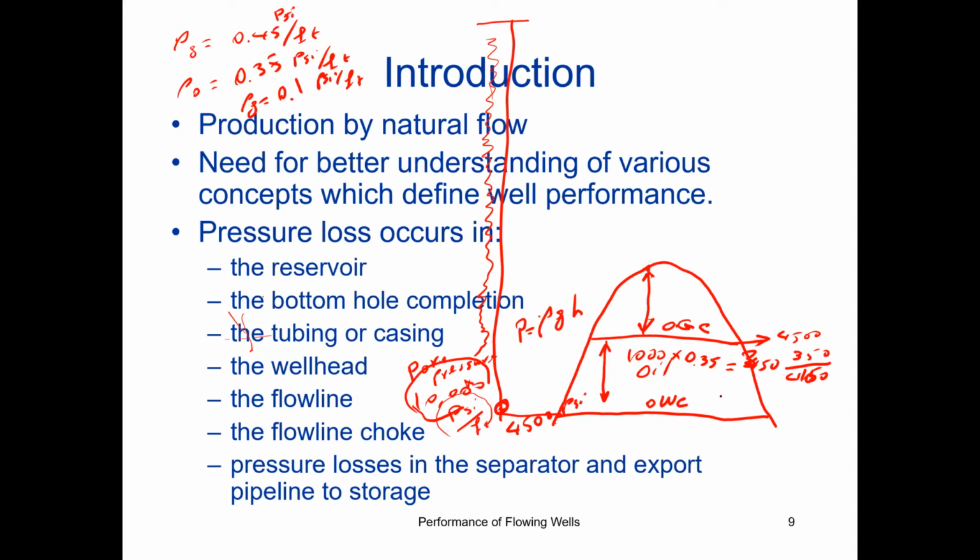Because as we move up, the pressure reduces. So if you move to the gas, 1,000 feet of gas, the pressure is reduced. So 1,000 feet multiplied by 0.1 becomes 100.